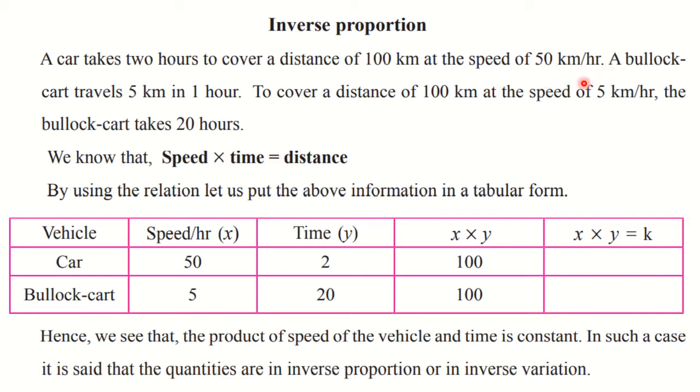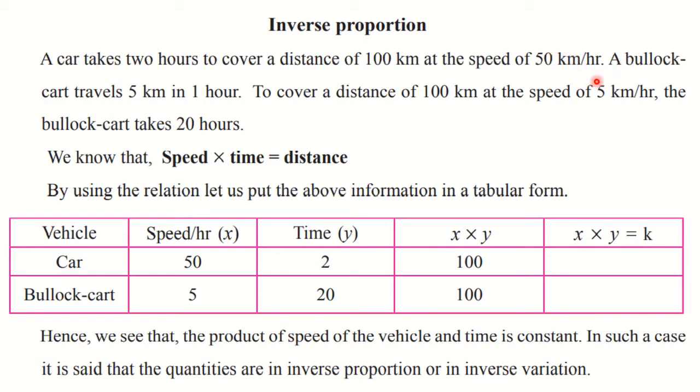Obviously, at 50 kilometers per hour, 100 kilometers is going to take 2 hours. A bullock cart travels 5 kilometers in 1 hour. To cover 100 kilometers at the speed of 5 kilometers per hour, the bullock cart takes 20 hours.